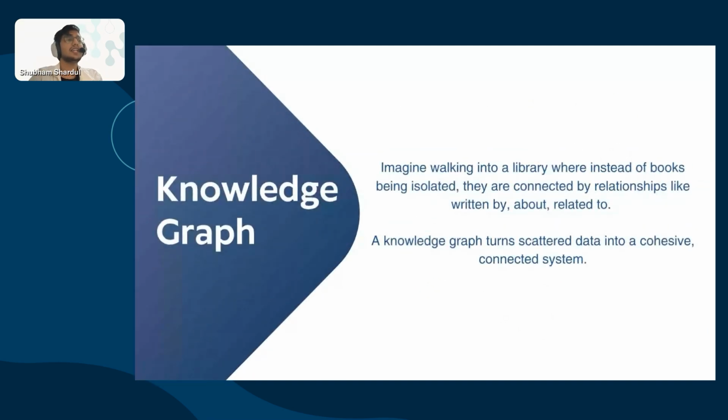So what is a knowledge graph and why do we actually need to use it? Imagine walking into a library where instead of books being isolated, they are connected by relationships like written about, the genre related to. In that way, a knowledge graph converts scattered data into a cohesive and connected system.